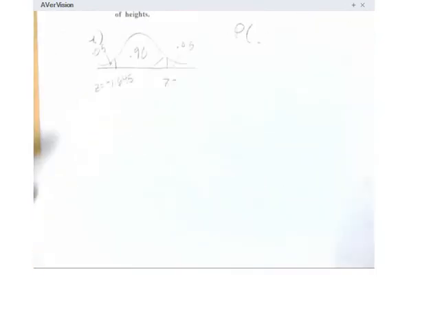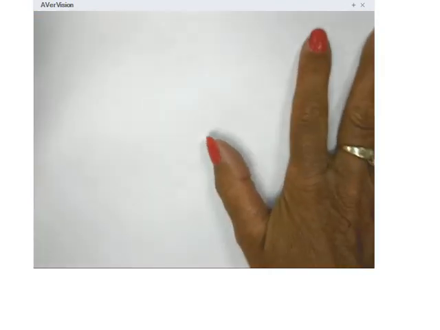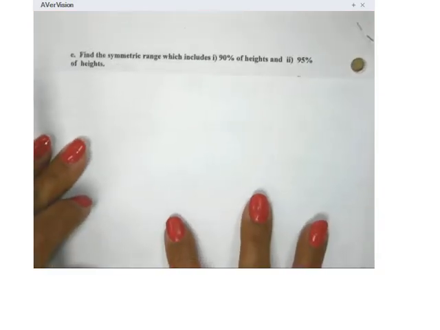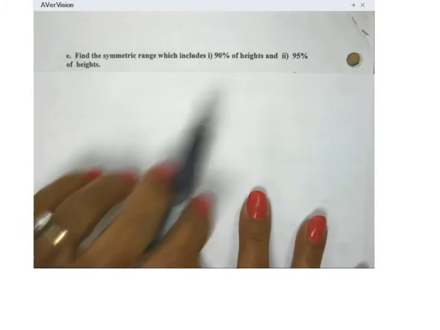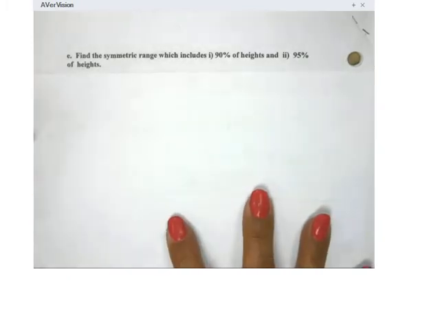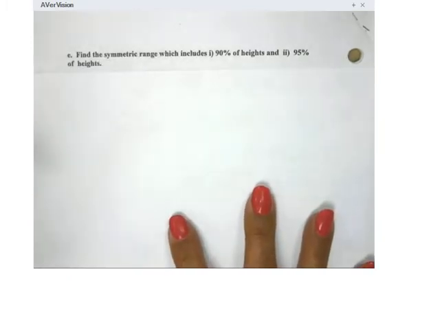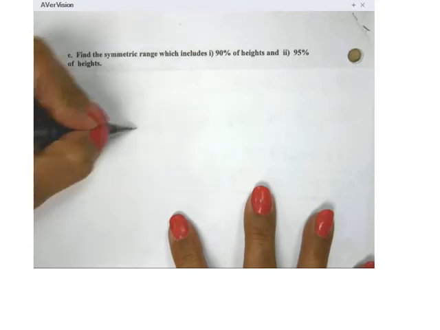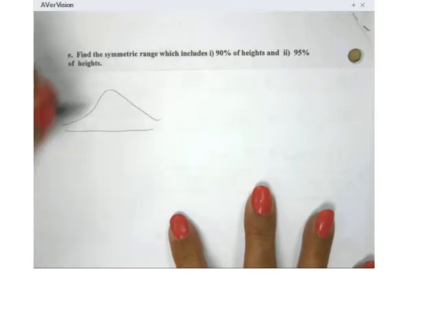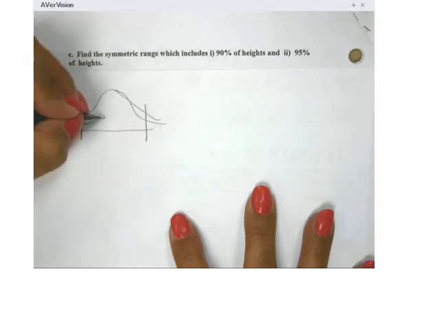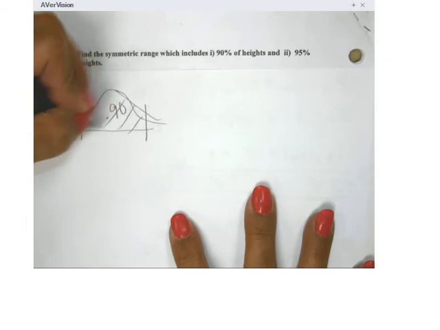A couple more things to look at. We worked with this same idea yesterday, but I want you to see the difference between a percentile question and a symmetrical range. So now we're going to find the symmetrical range which includes 90% of the heights and 95% of the heights. Now, with a symmetrical range, my picture is different. I have the area between my numbers, and that's not a very good normal curve, but the area between my numbers symmetrically has an area of 0.9.